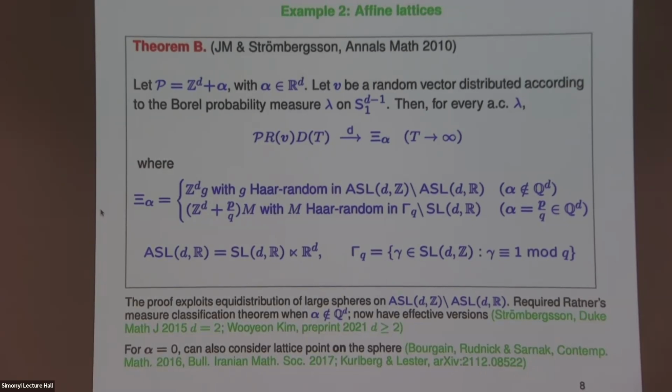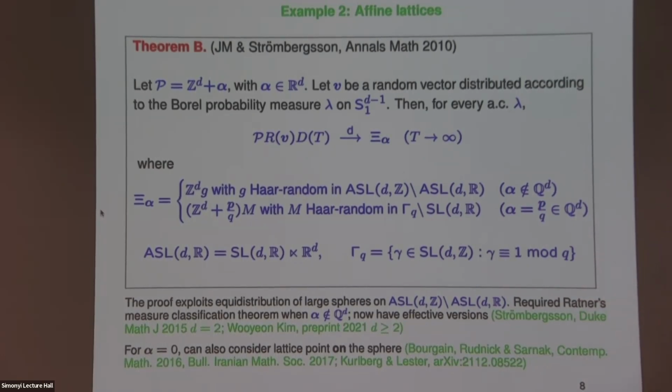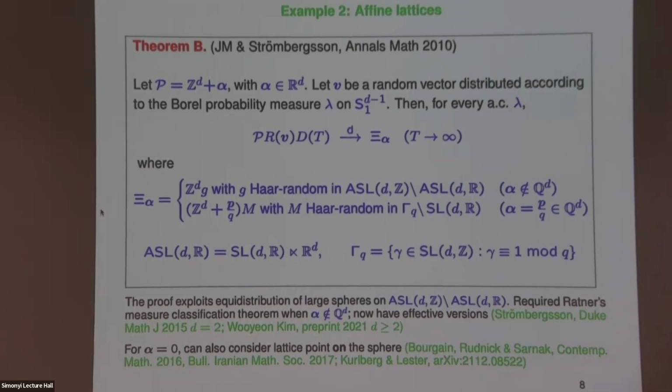Now, this theorem already needs very sophisticated machinery to prove. For alpha irrational, we need to apply Ratner's theorem. When alpha is rational, you actually only need the mixing property to prove this. And in recent developments, people have been able to prove effective versions of these theorems.